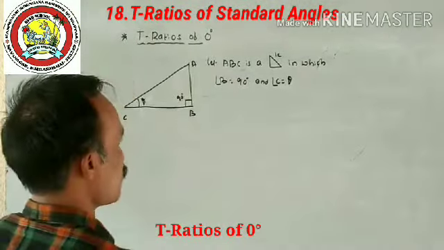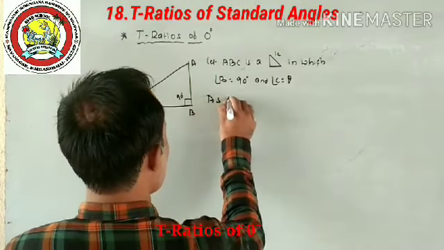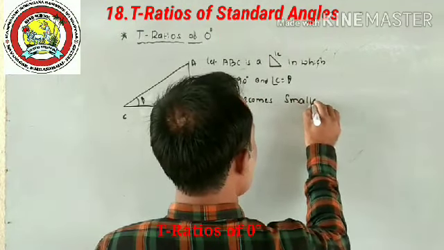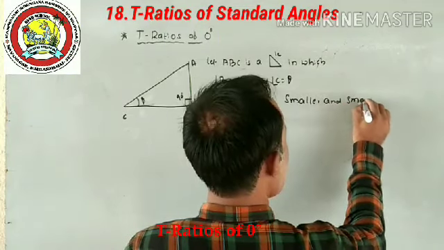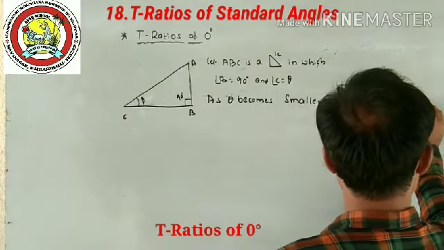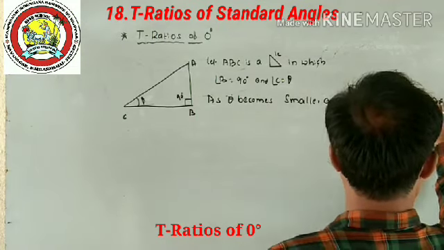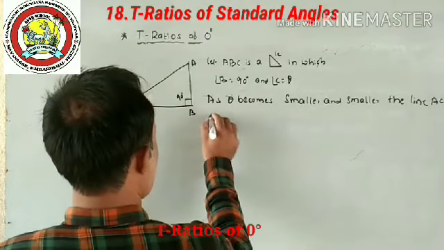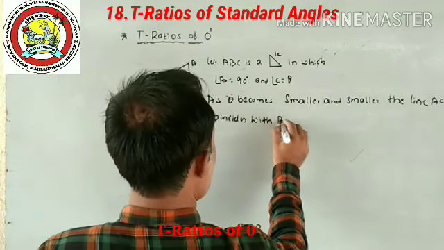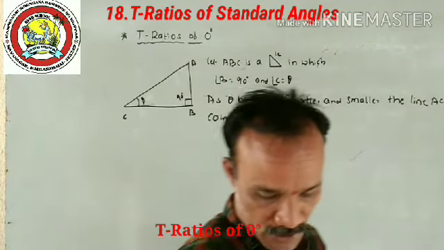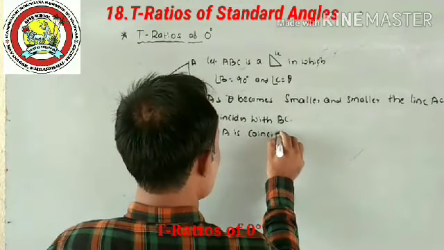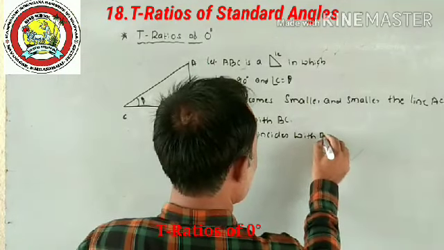Yes, write down. As theta becomes smaller and smaller, the line AC coincides with BC, that is, A coincides with B. Now, very important.